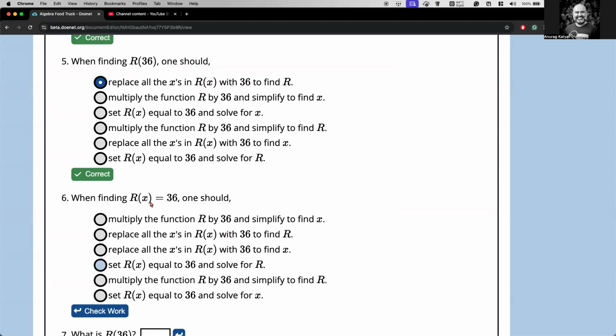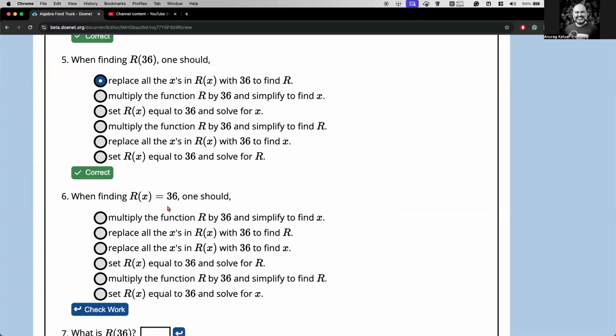What is this guy saying? R is 36 in this case. And what am I asking you to find? Which means I'm telling you that the revenue is 36 bucks. And I'm asking you, how many burgers would you have to sell to make $36? So what would we do here? We set R of X equal to, okay, what do you think it is?